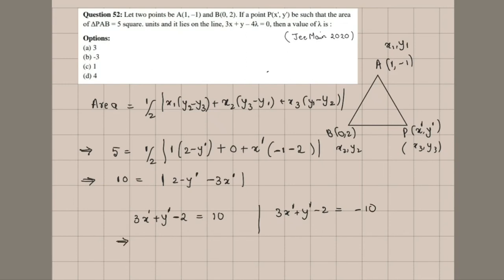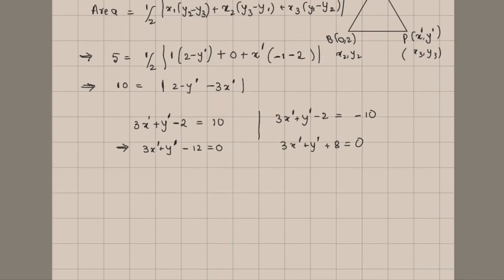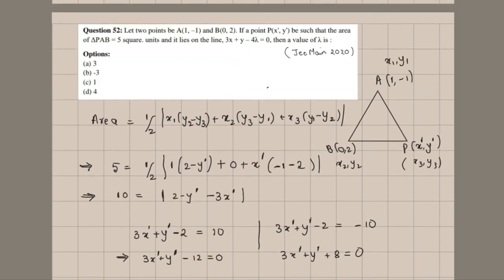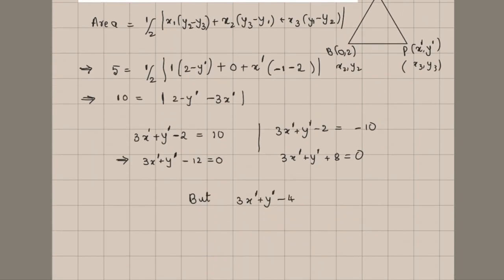If it is 10, then 3x dash plus y dash minus 12 equal to 0. And if it is minus 10, 3x plus y dash plus 8 equal to 0. But this x dash and y dash lies on this line. But we know that 3x dash plus y dash minus 4 lambda equals to 0.